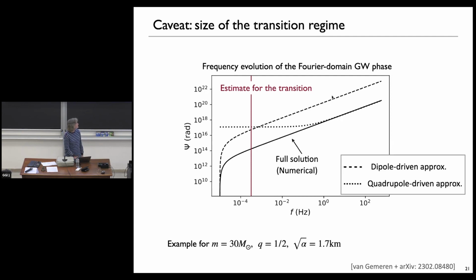You see this illustrated here, where the solid black line is the full numerical solution to the energy balance equation. And these dotted and dashed lines are the respective approximations for the early inspiral in the dashed line and the late inspiral in the dotted line. And you see the scale of this frequency transition regime is quite large, where neither approximation is so good.